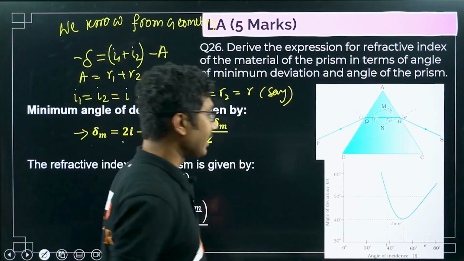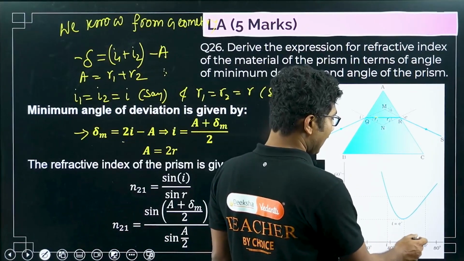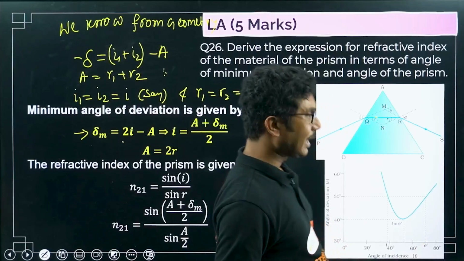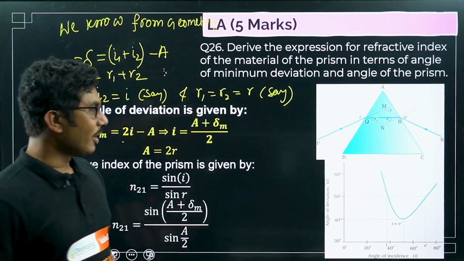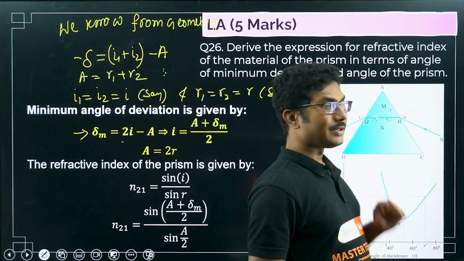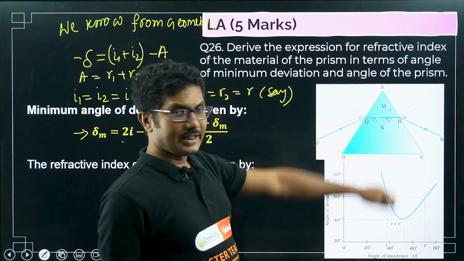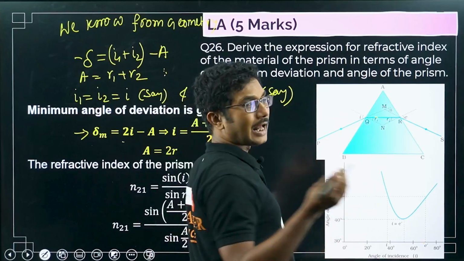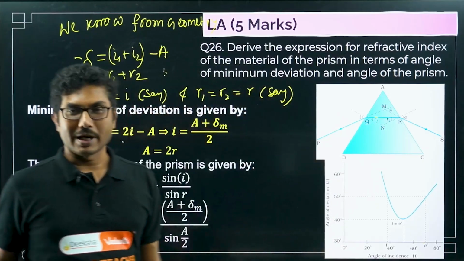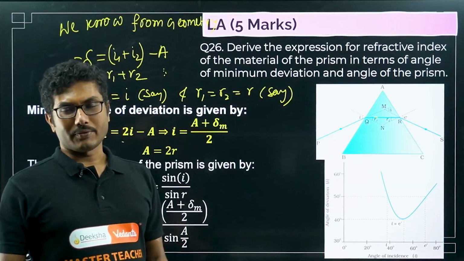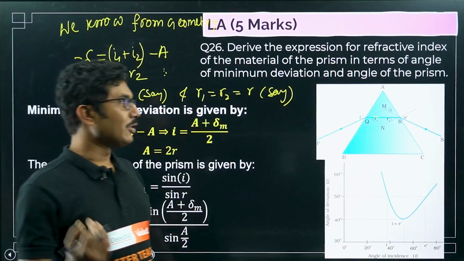So basically for any other point you can see there are basically two values, right, i1 and i2, but only at this particular value i1 becomes equals to i2. Okay, in your book they have used i and e, you can mention i1 and i2. Okay, I like to write i1 and i2, so whatever formula or whatever symbol you are familiar with, you can use that.